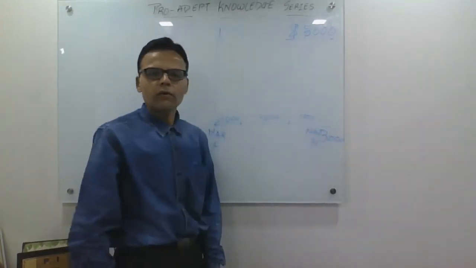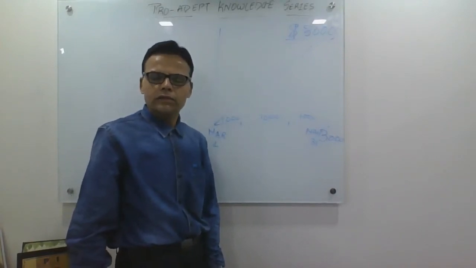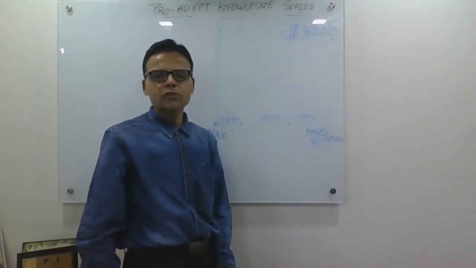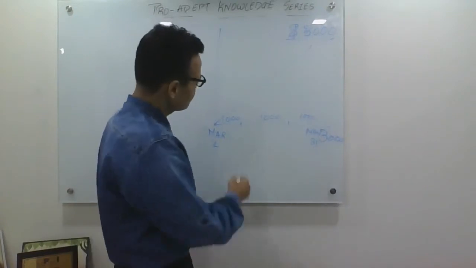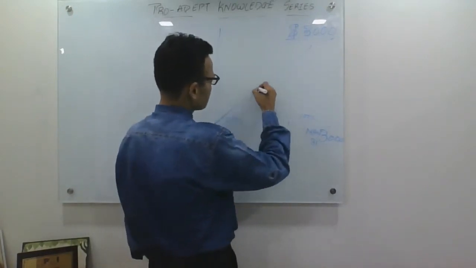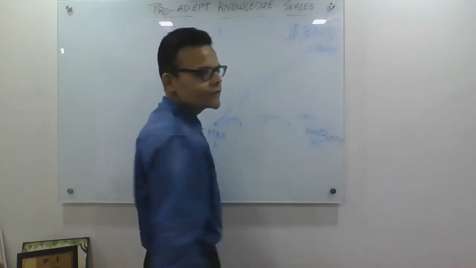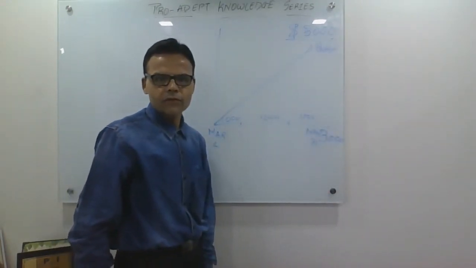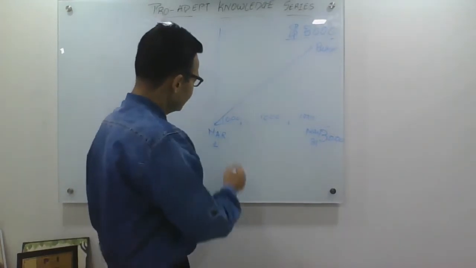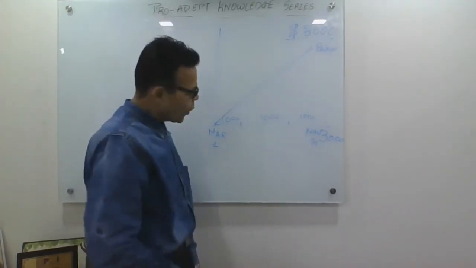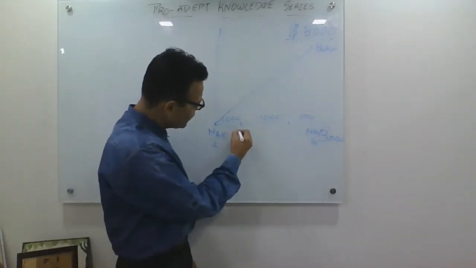As you all know, the cost curve in the project is always an S curve. So I draw this S curve as my budget line, which is already there in terms of 3,000 US dollars. Now, what do I do on March 31st?